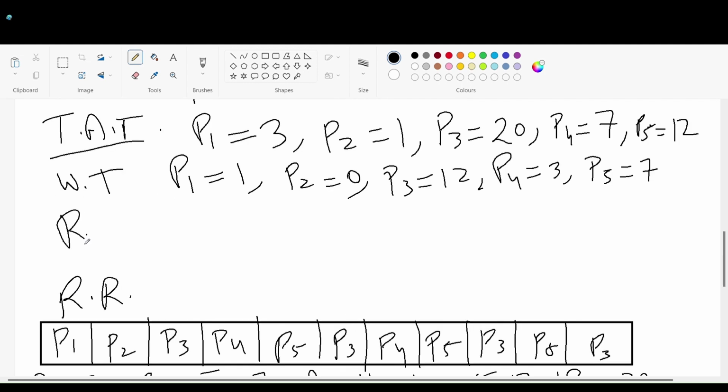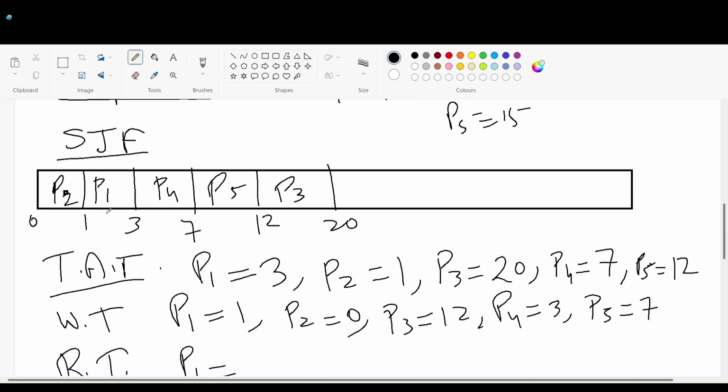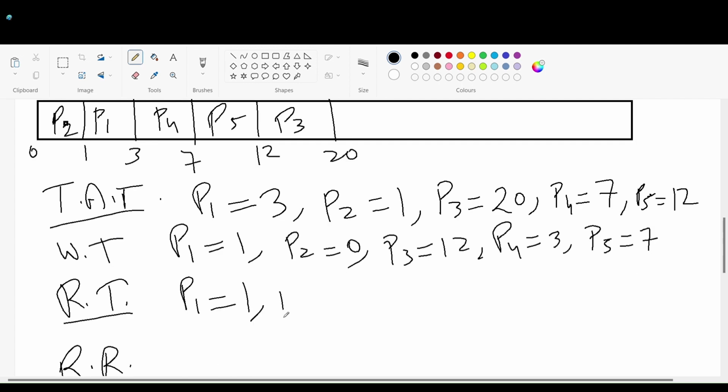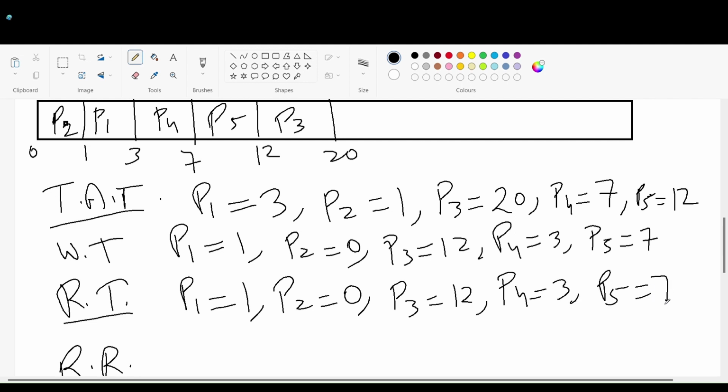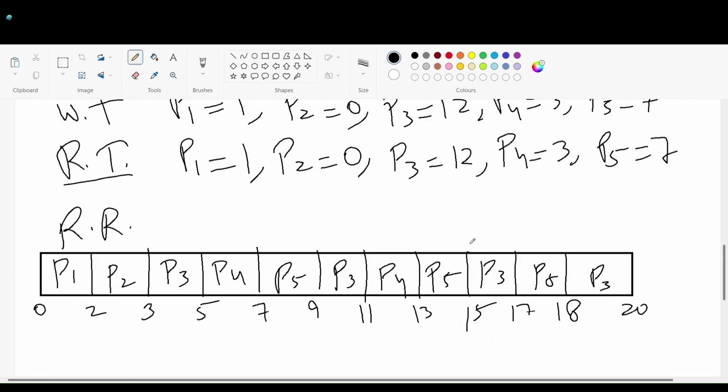And response time of P1 is 1, response time of P2 is 0, response time of P3 is 12, response time of P4 is 3 and P5 is 7. This is the same as waiting time, okay.